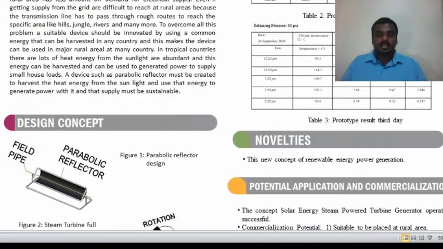Next, what is new compared to the existing renewable energy in the market? This is a new concept because the existing prototypes are all large scale. This is small scale and small in size, so it doesn't require a big amount of space to operate.